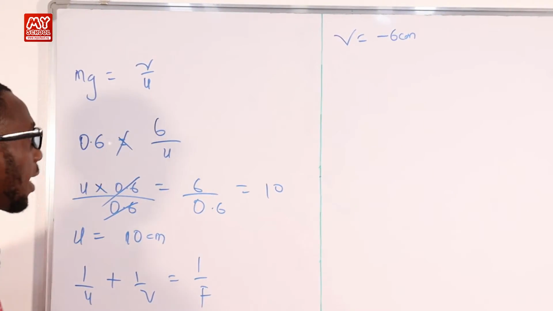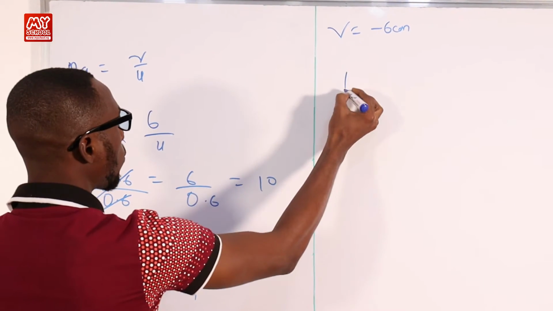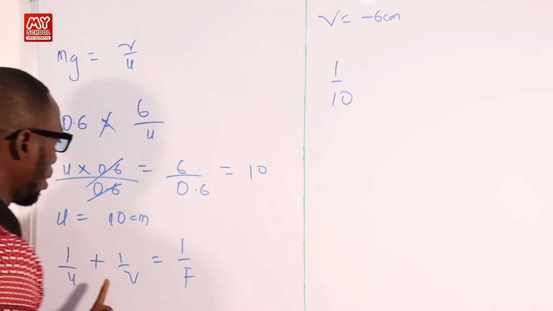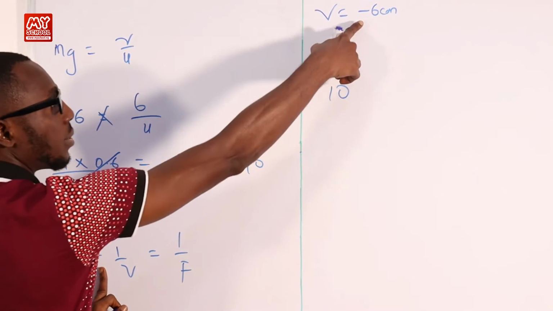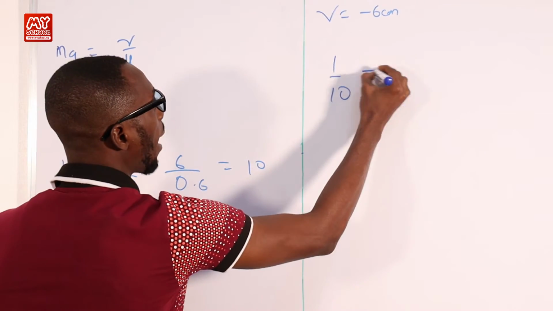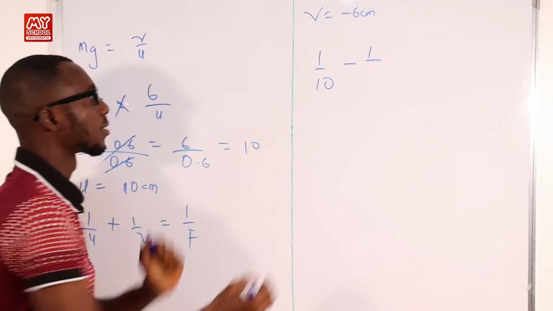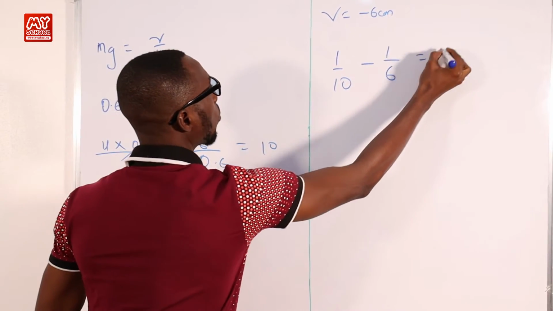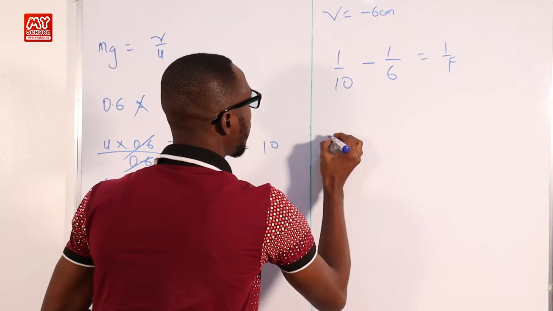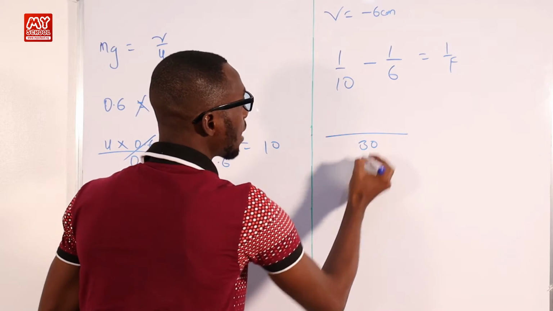So let's impute these values. We are going to have 1 over 10 plus, times this minus, so it will become minus 1 over 6, equals 1 over F. If you find the LCM, you can use 30.